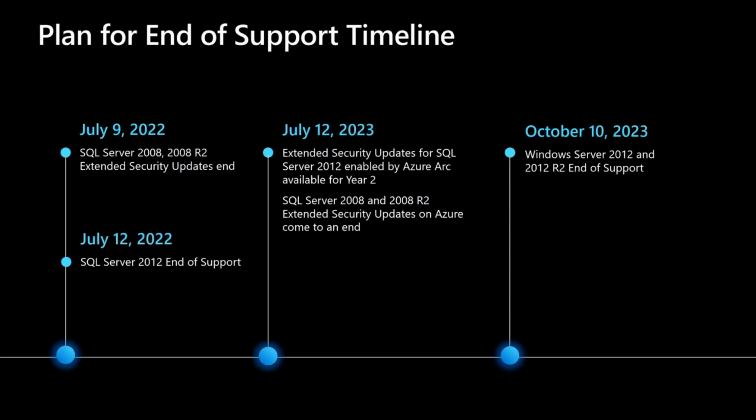Great. So maybe just to kick us off, let's revisit a little of what we've covered in the first two sessions. In the first session, we covered Arc enablement for servers sitting outside of Azure. We also talked a lot about Windows Server 2012 and 2012 R2 and the end of support date coming up on October 10th.